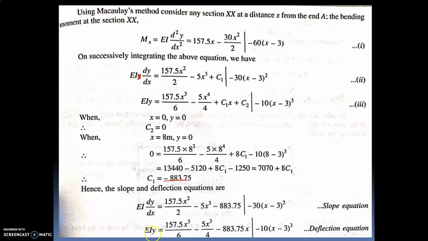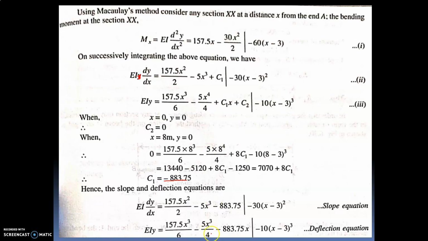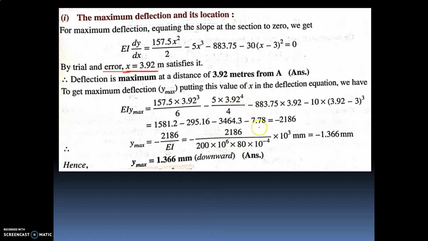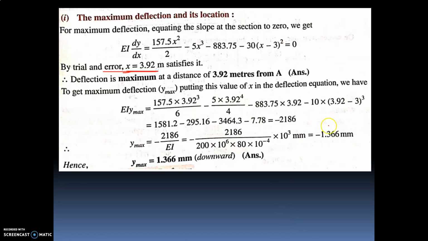So EI y maximum is equal to 157.5 into 3.92 whole cube divided by 6 minus 5x⁴ divided by 4, that is this term, then 883.75x, that is this, and then 10 into (x − 3)³. So simplify this, you get y maximum is equal to 1.366 mm. So like this you can calculate the maximum deflection.